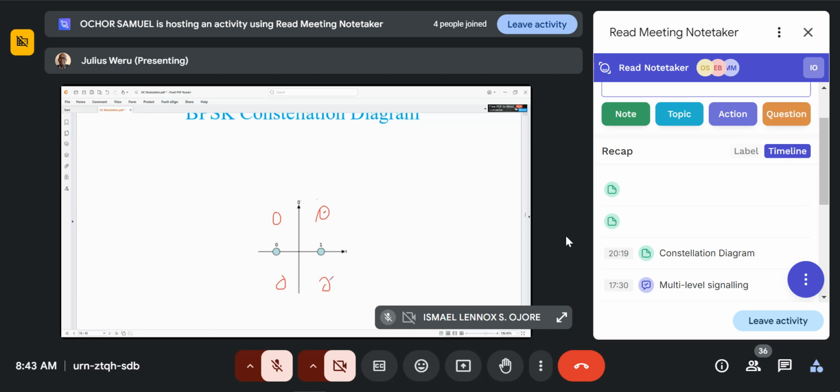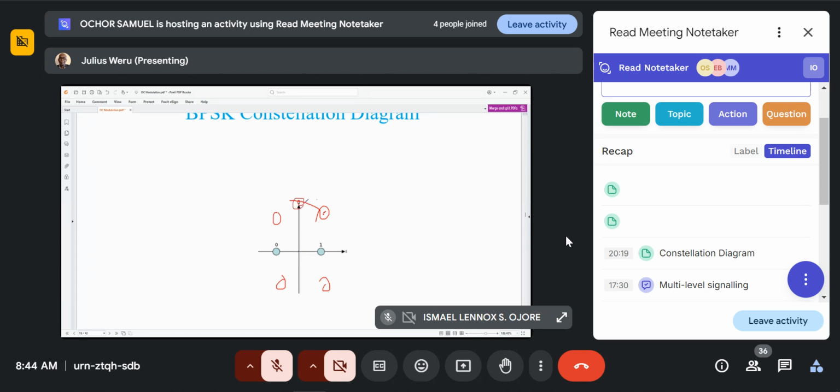You can see this is actually very close, because to move from here to here, you just need a 45 degrees change, and then your signal can be mistaken for this. So this scatter plot actually does give us an idea of how each system performs in the presence of noise.